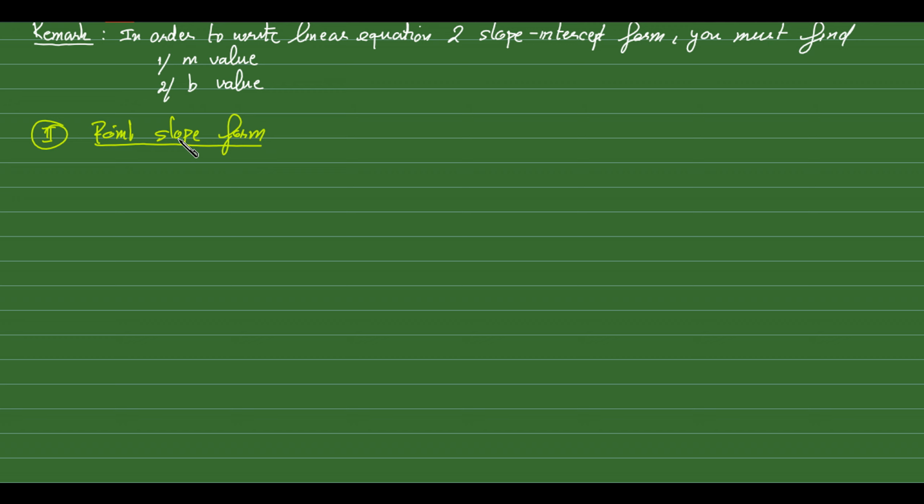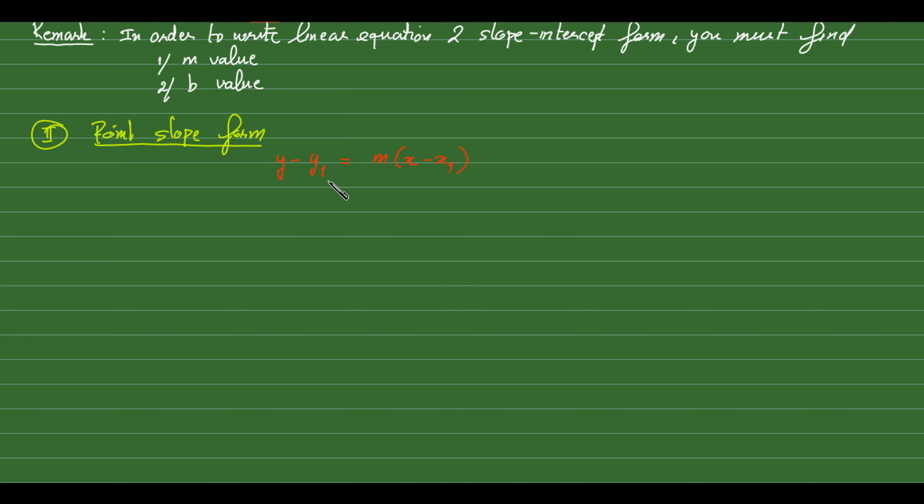But again, if I ask you to write slope-intercept form, you should write slope-intercept form. So the point-slope form will be in the form: y minus y1 equals m times x minus x1.